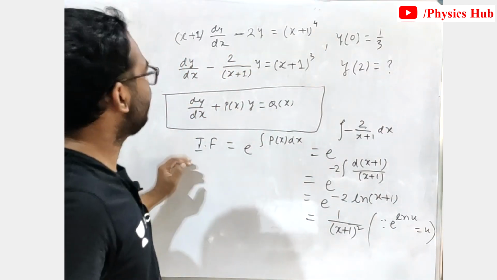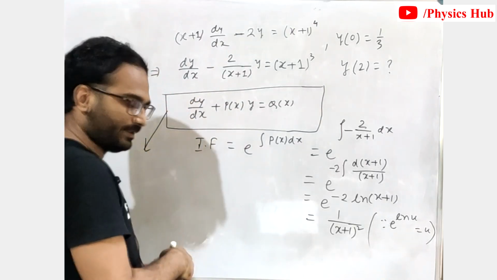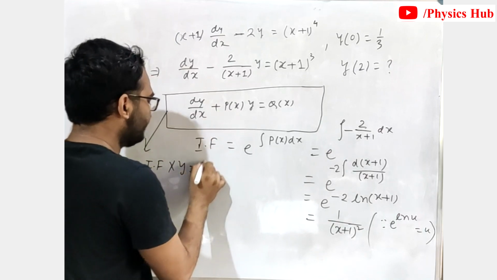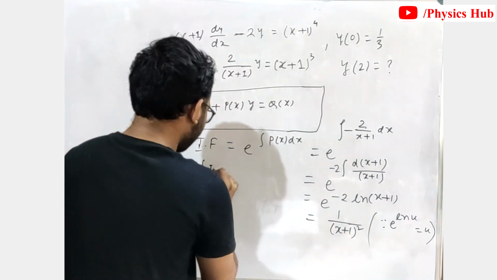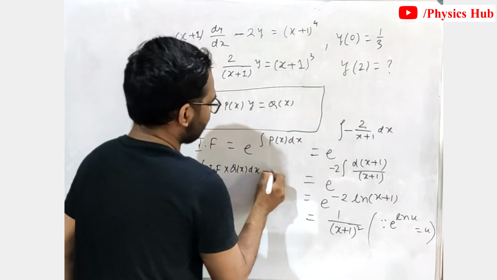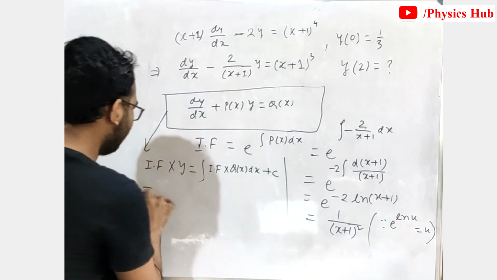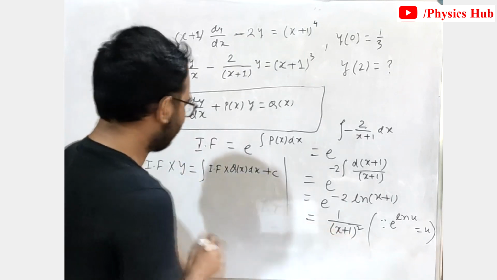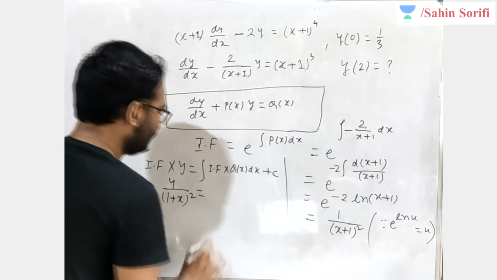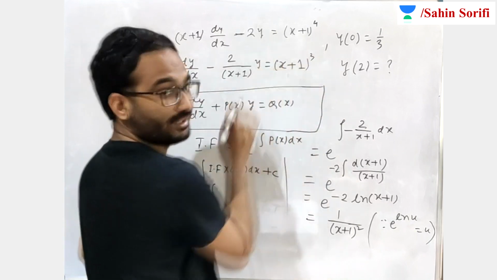Now once the integrating factor is written, the solution of this kind of differential equation is given by the integrating factor into y equals integrating factor into q(x) dx plus some constant c. Here the integrating factor is 1 by (x plus 1) whole square, so y by (1 plus x) whole square, and q(x) is this (x plus 1) cube.